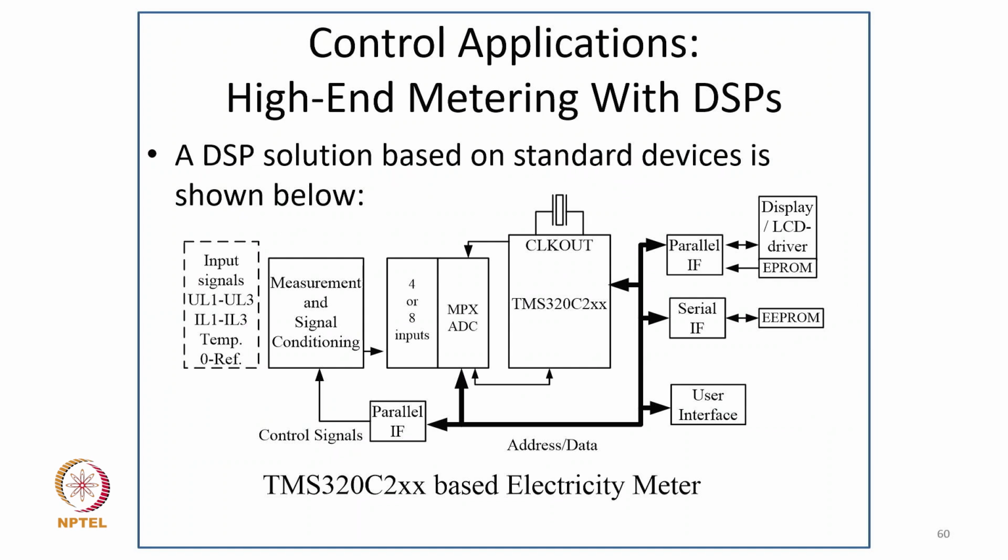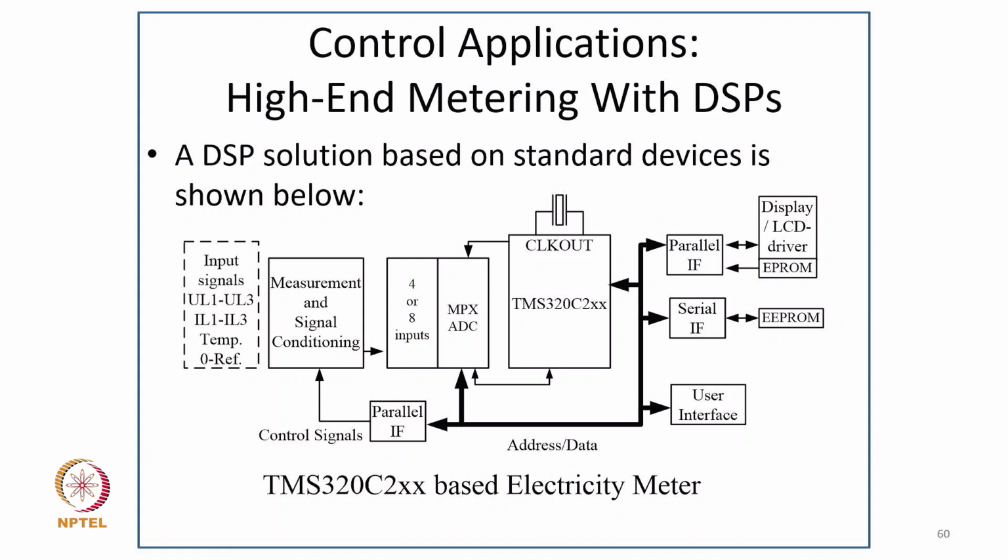So for high-end metering with DSP, a DSP solution based on standard devices is shown here. So we have input signals from UL1, UL3, temperature L3, and measurement of 3-phase voltage, 3-phase current, temperature and reference, and measurement signal conditioning. Then it goes to a 4 to 8 input MUX multiplexer, then the DSP, clocked with the DSP TMS320C2XX, and then we have an interface with the parallel interface, serial interface and user interface.